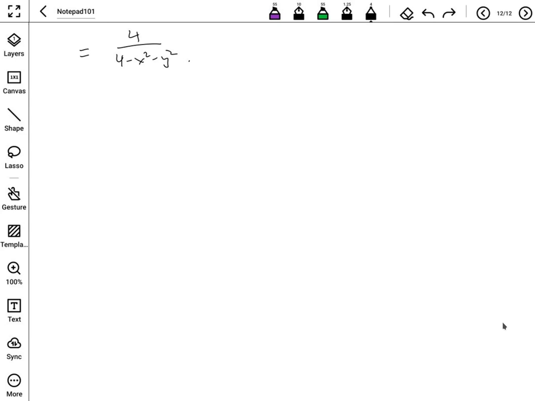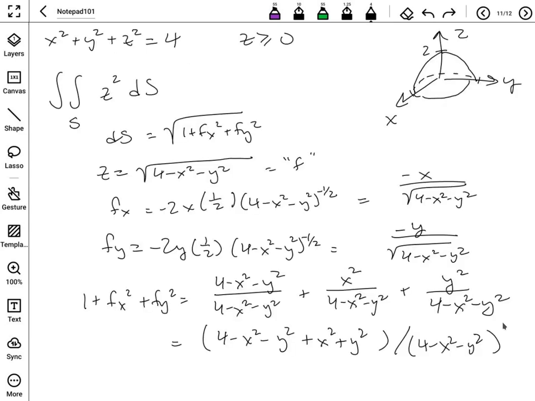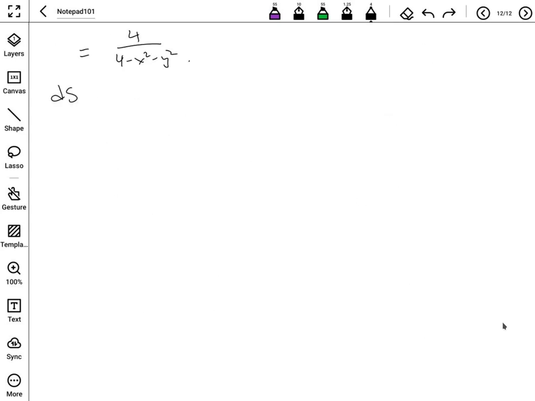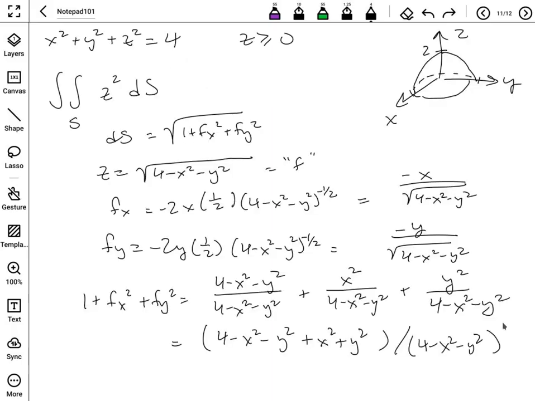Then I wanted the square root of that, so that's 2 over the root of 4 minus x squared minus y squared. So cool, I've got that.